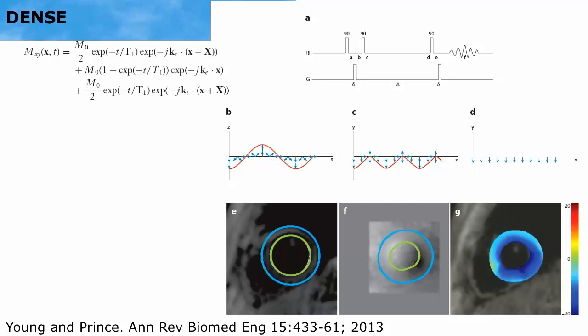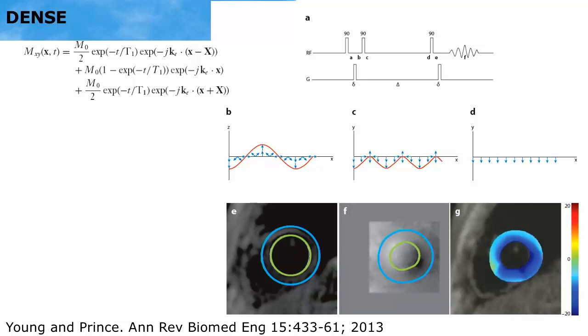But if you're looking for higher resolution, you really want to think about DENSE. It's a longer breath hold, it's a more complicated pulse sequence, but it encodes displacement at every pixel. And so you can start to see a much higher resolution variation in strain if you're looking at cases where that is important.